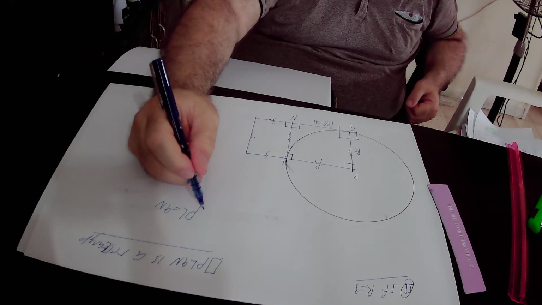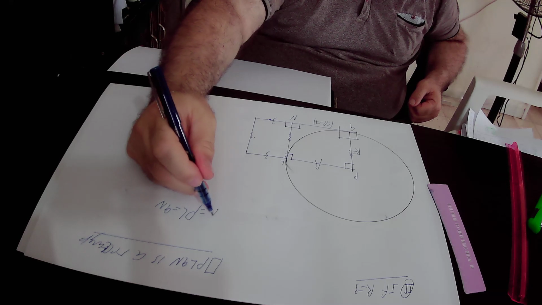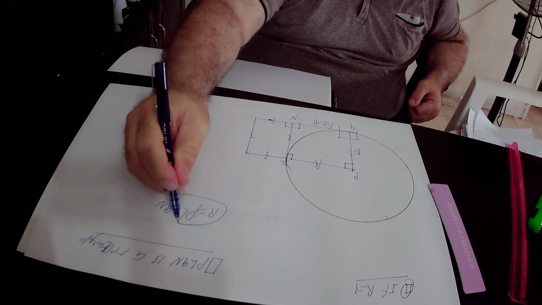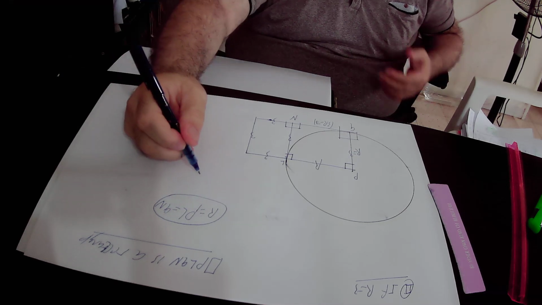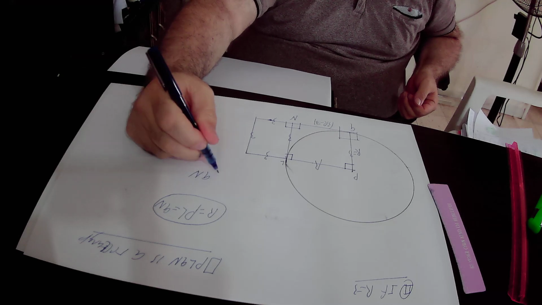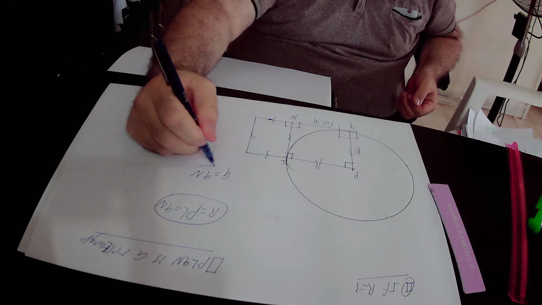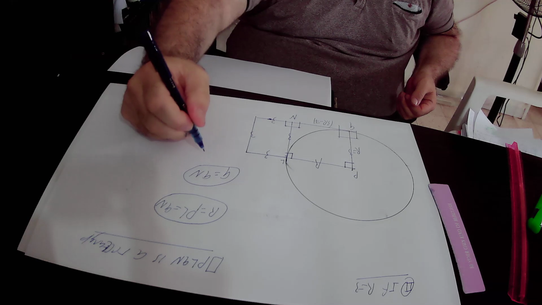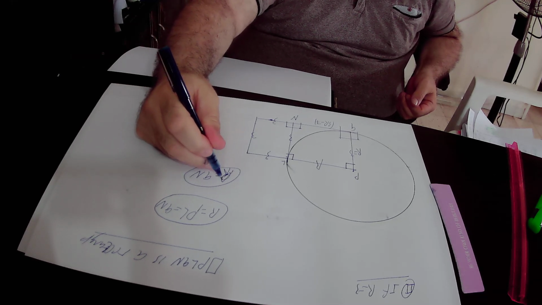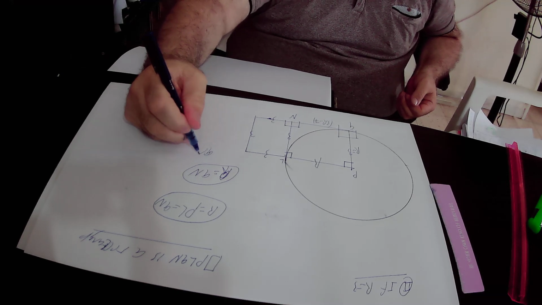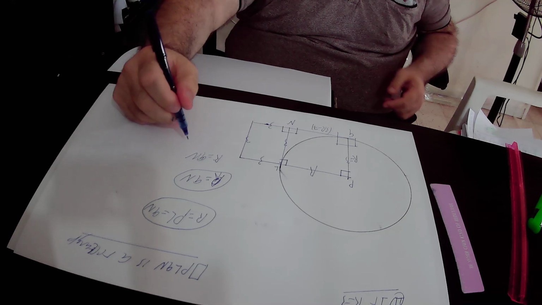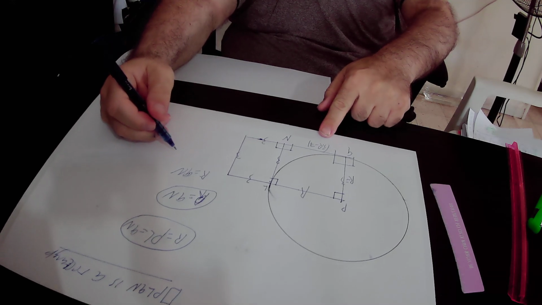So we can write down that PL equals R. And from this equation, R equals PL equals QN, we will derive that QN is also equal to R. So from one side, QN equals R. From the other side, we have already found out that QN equals 3R minus 7.